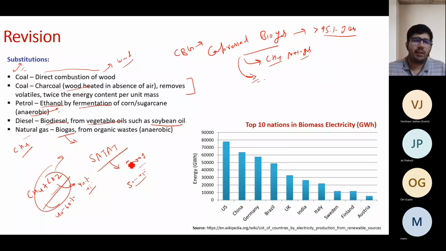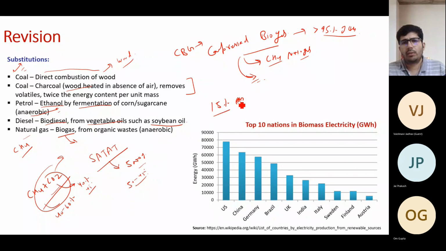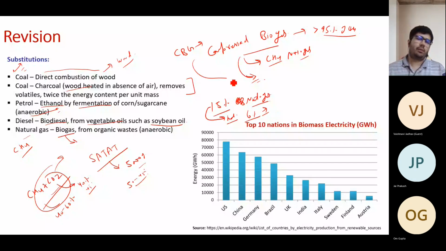So we are replacing natural gas. Currently, India is importing around 50% of its natural gas. We are trying to decrease the import, to halve this number actually. We're trying to bring the import down to 6% only, by increasing CBG in the supply chain.